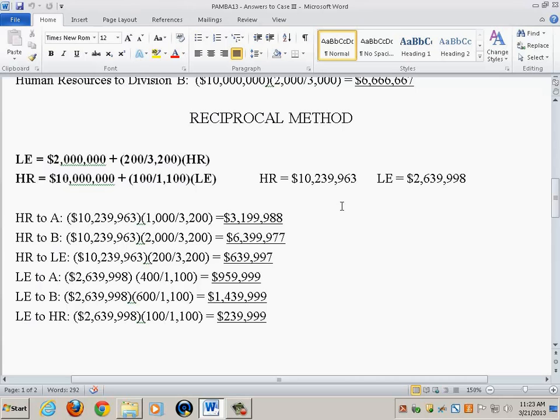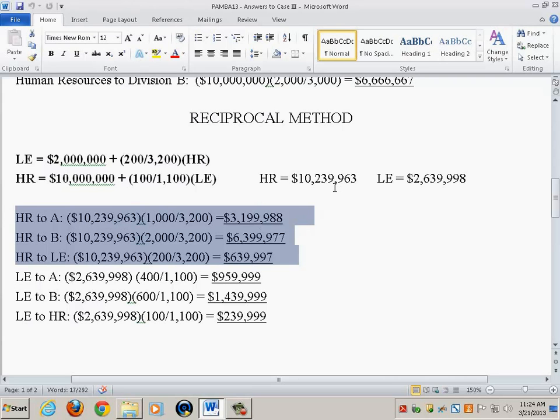Okay, once you have the total that each support unit has to allocate, in this case HR and LE, you simply proceed with the allocations. So we can start with HR if we wish, and we know that HR gives services to A, B, and LE, so it has to allocate the costs for those services. We know that the total that it has to allocate is 10,239,963.